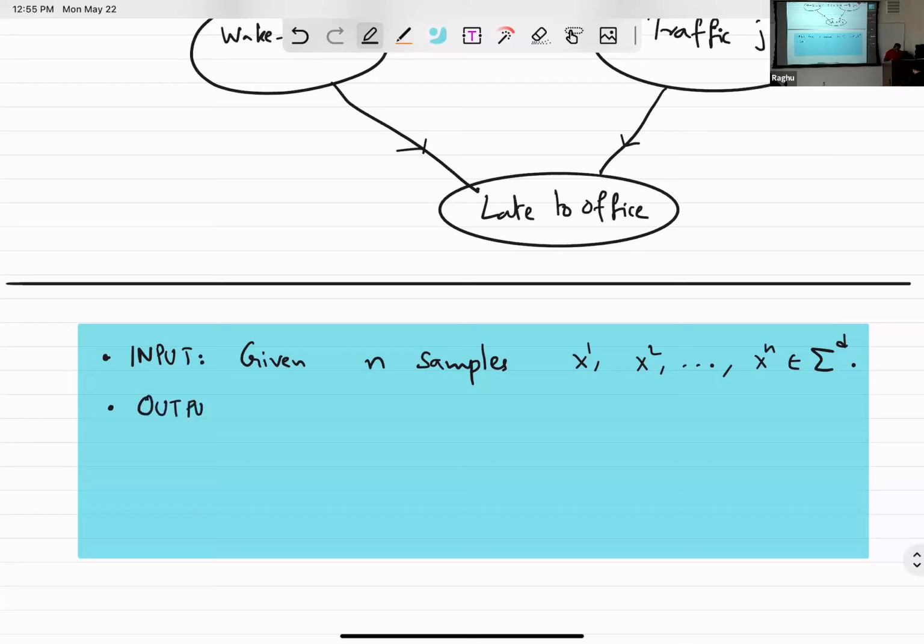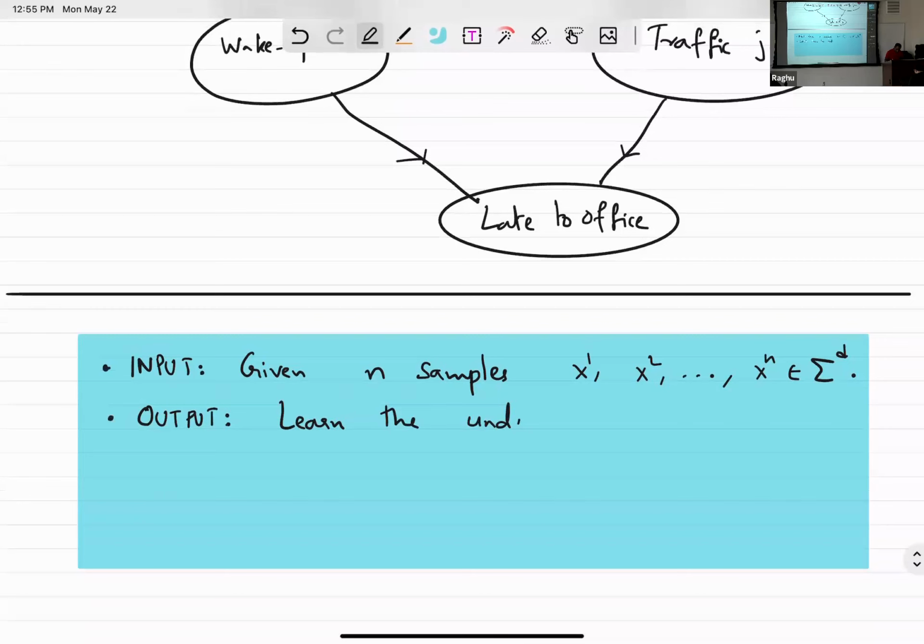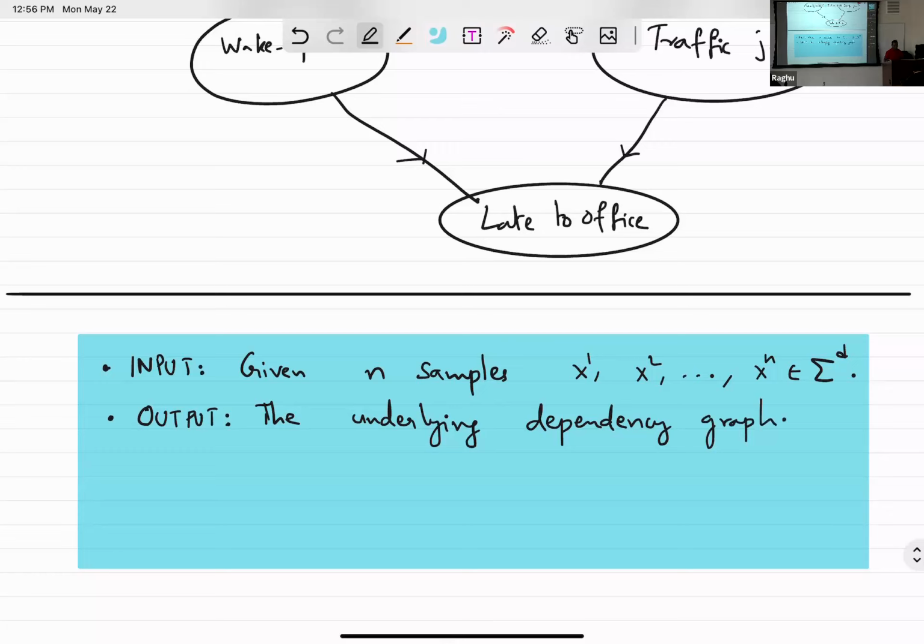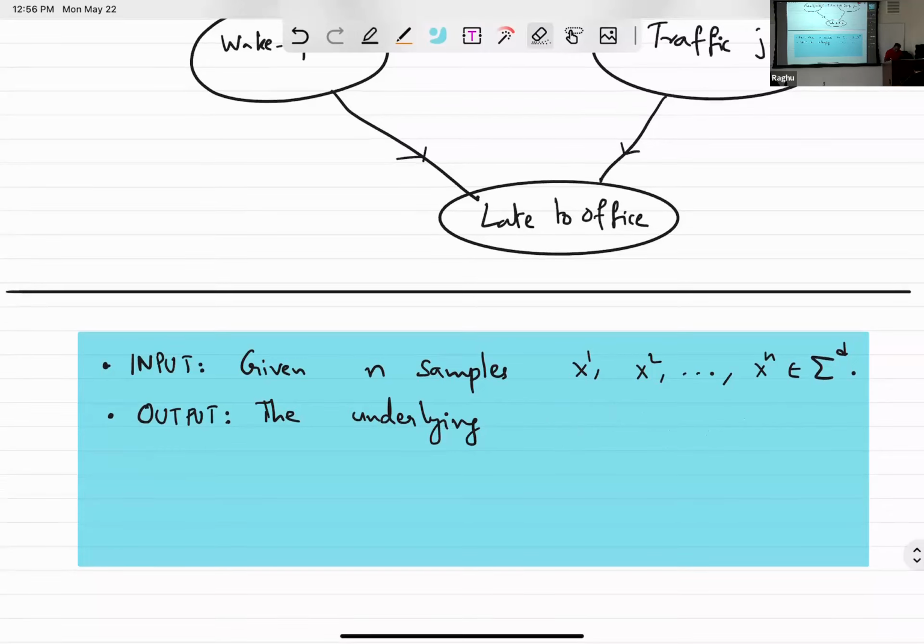So the output: learn the underlying directed dependency graph. That's one goal.